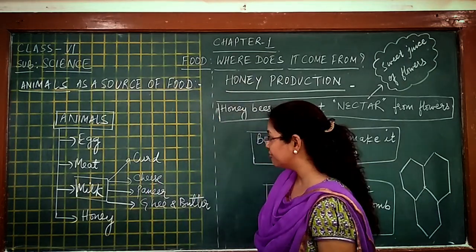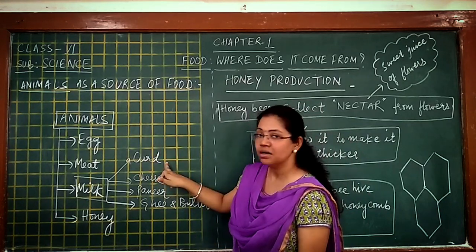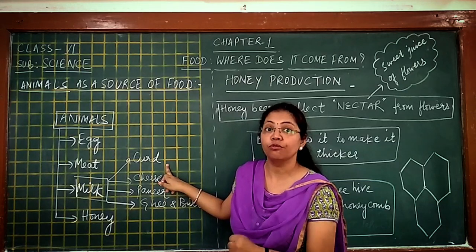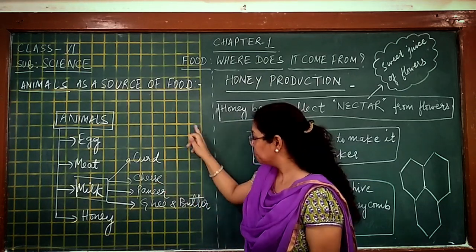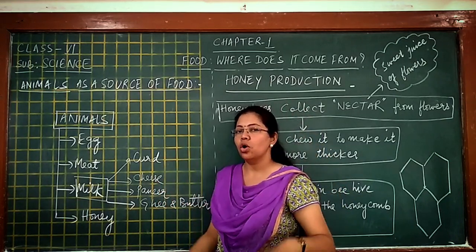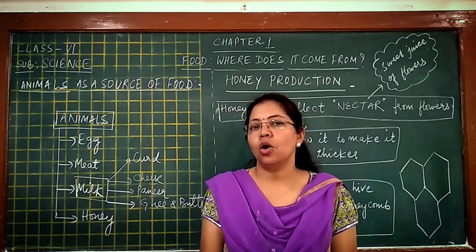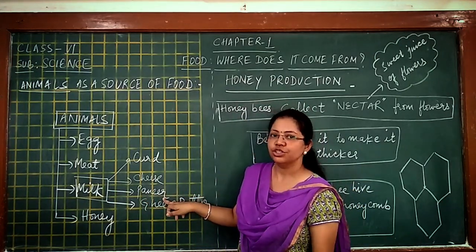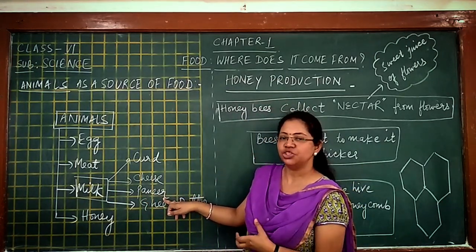Now from milk itself we can obtain different byproducts. For example, a variety of products like curd, which we like to eat a lot, and that is very good for our health also. We should eat it in plenty. Then cheese, which we are fond of eating a lot after spreading on a hot pizza. Am I right? Then paneer, which is generally referred to as cottage cheese.